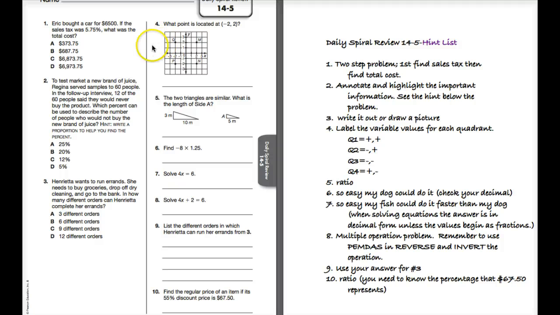Number 4 is directly tied into topic 14, and it's plotting a point, or identifying where a point is. So the first thing that I suggest you do is to label the values for each quadrant. And quadrant 1, which is here, the x value is positive.